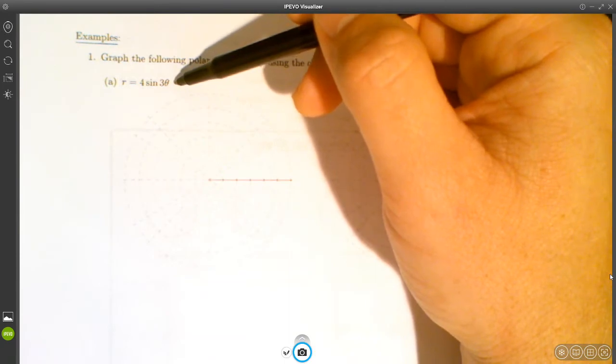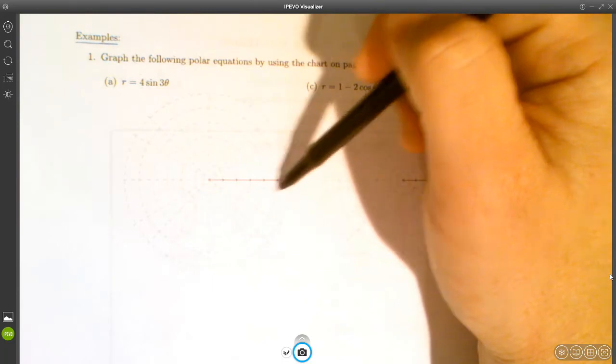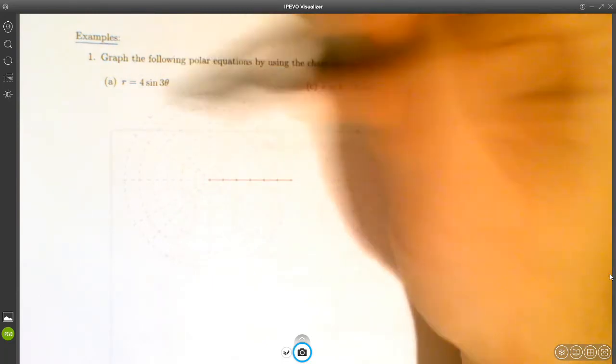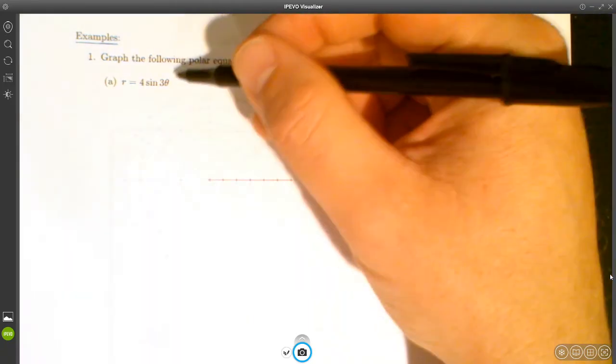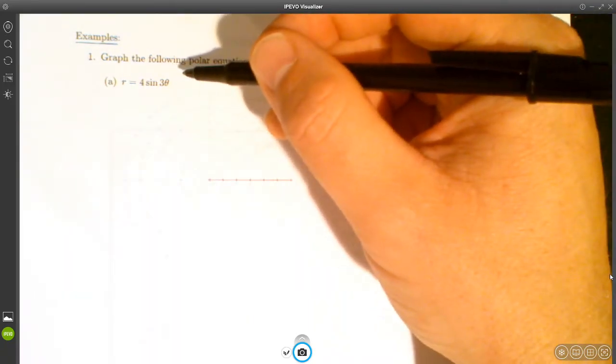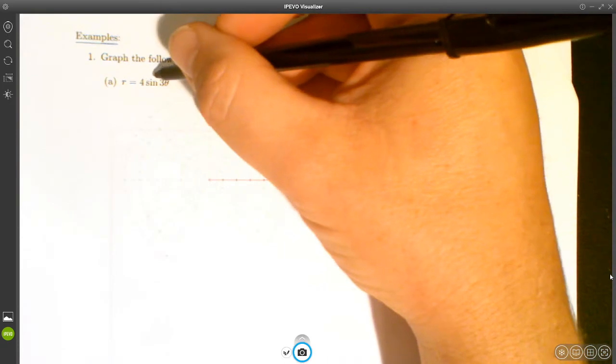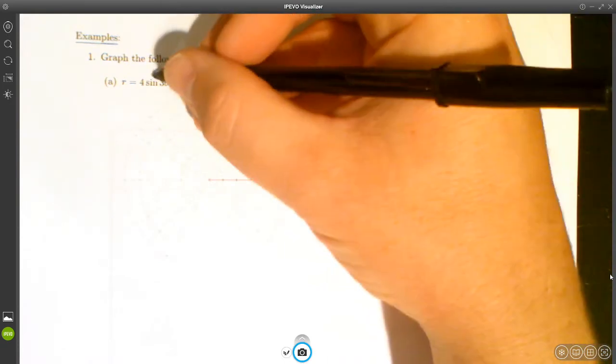And then I know that if it were a cosine 3 theta, the first petal would open up right on the x-axis. But this is a sine 3 theta, so I'm expecting the first petal to open up somewhere else. Now, if I want to figure out where the first petal opens up, I know that sine is going to be 1 whenever we're at 90 degrees.